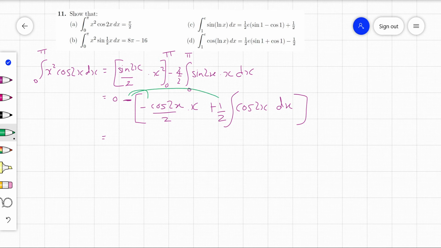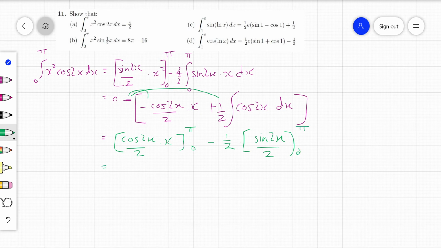So if I go back to positive here, I've just got cos 2x divided by 2 times x, and I'm doing that between 0 and pi, and here I've got plus a half, oh sorry, minus a half after I've just said that. There we go, minus a half. And now I'm going to integrate cos 2x, so I get sine 2x over 2, and that is between 0 and pi.